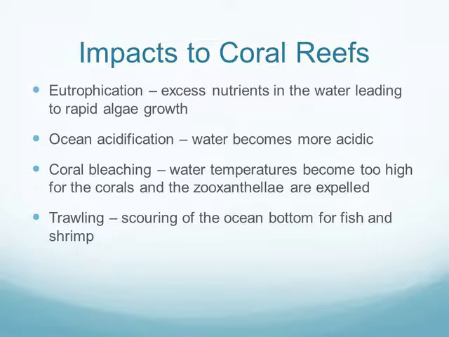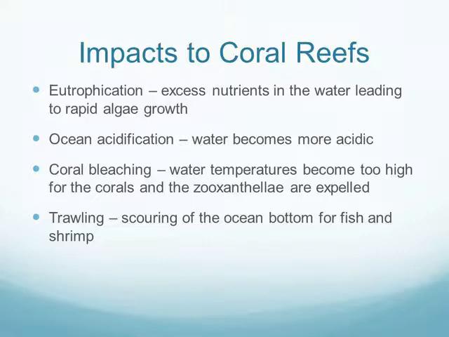You can have coral bleaching. Coral bleaching is when the water temperatures become too high for corals, and their zooxanthellae, which are their symbiotic dinoflagellates, are expelled out of their skin. So they no longer have access to that resource that they had when the zooxanthellae were in their skin.